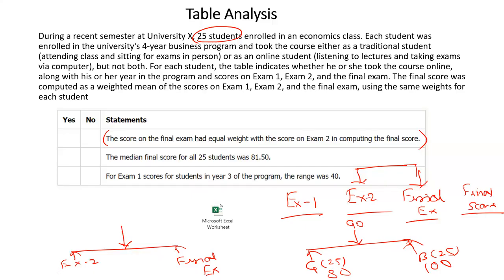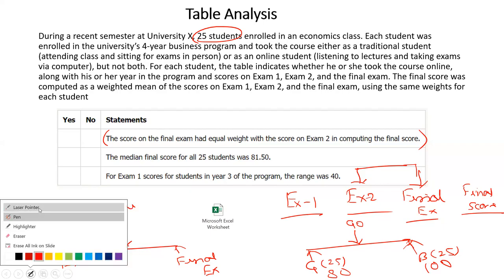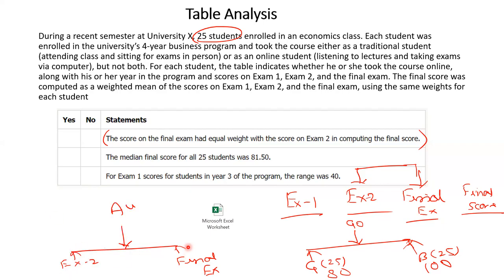Now here is the trick. So this is the average of the candidate in these two exams, right? Now think about it, guys. This is the slightly difficult part.